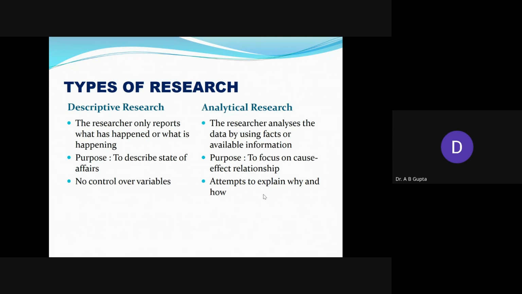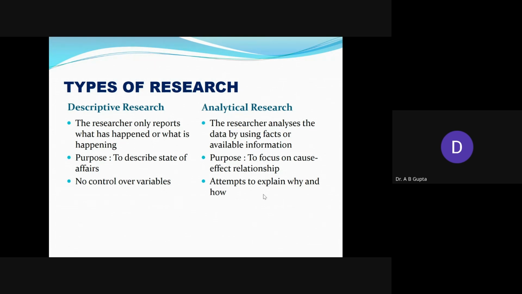The focus here is to explain the why part: why something has happened. You think there is a relationship between two things, and that is why this thing is there. So analytical research goes beyond descriptive research. In descriptive research, you are just reporting what is happening at present or what has already happened.